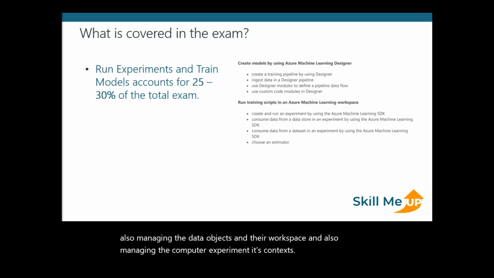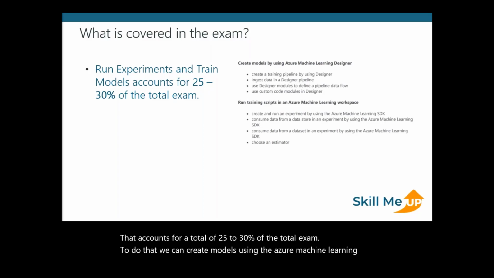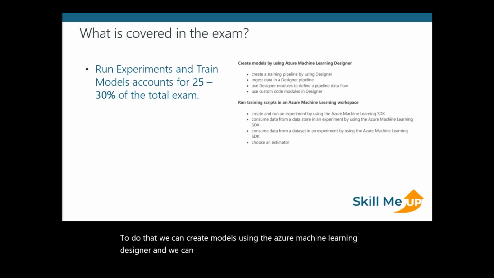Another portion of the exam is on the topic of how to run experiments and train models. That accounts for a total of 25 to 30% of the total exam. To do that, we can create models using the Azure Machine Learning Designer, and we can run the training scripts for the Azure Machine Learning Workspace.